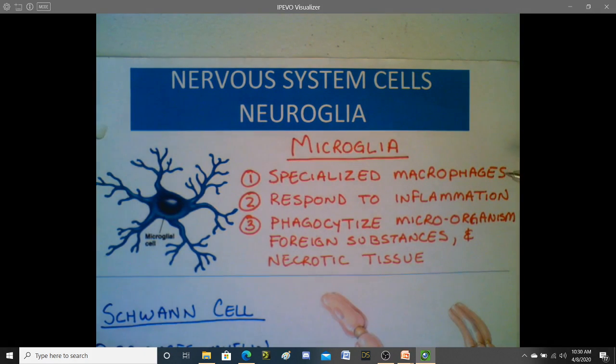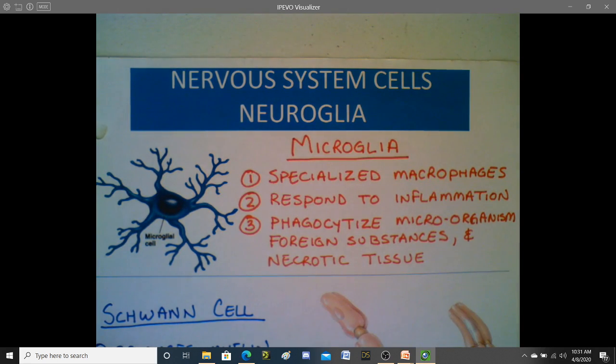Remember, I told you just a few minutes ago that we have these astrocytes that form a blood brain barrier. That prevents substances from getting to your brain and spinal cord. So, our typical immune cells, macrophages, neutrophils, eosinophils, these cells cannot get into the central nervous system.